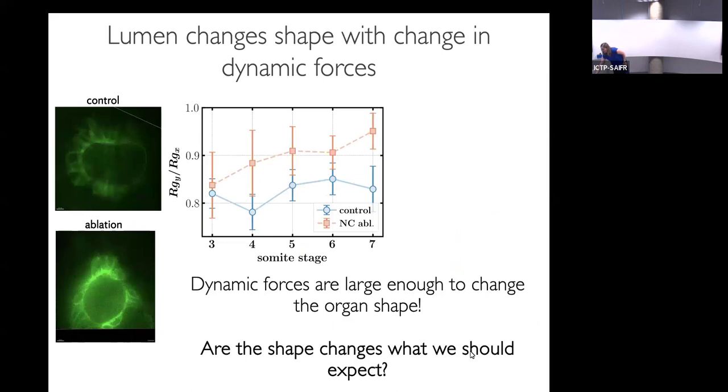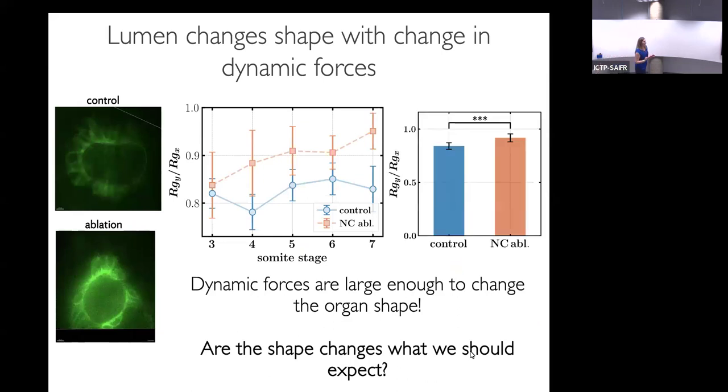Okay, and the results are, again, I had to do so many experiments to get enough data. But basically this says that for the ablation experiments, you get something which is close to unity. You get a shape that's basically round for these cell types, and you get a shape that's smooshed for the ones where it's not ablated.